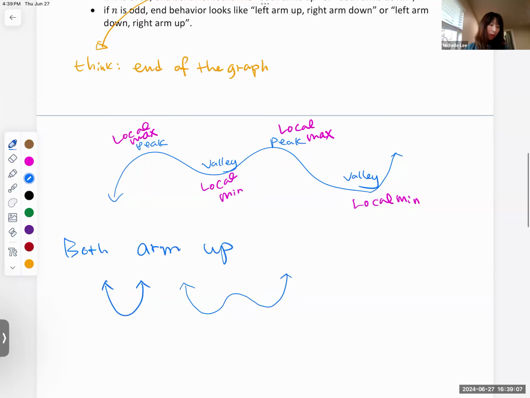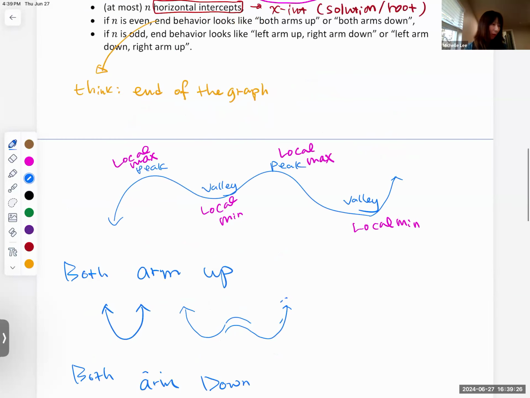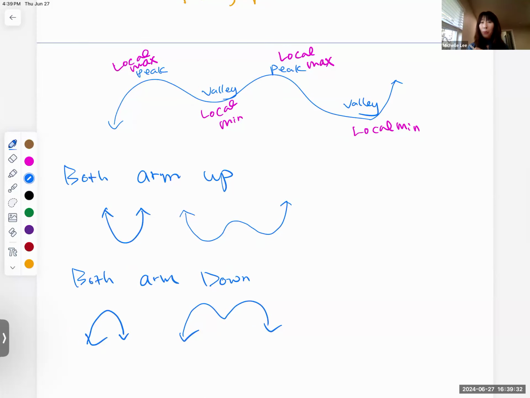And then here, both arms down. There is a parabola opening downward, right? And also we can make this graph with both arms down, right? Okay, now this is when n is even, meaning the polynomial, we read the highest degree, the greatest exponent, right? So this is for n is even, all right?